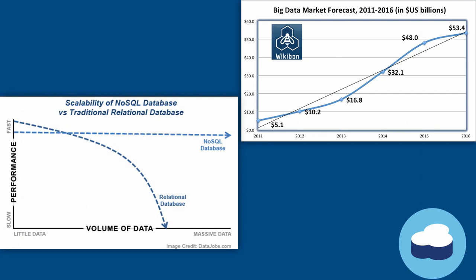When we have little data, the performance seems a little faster in relational databases as compared to NoSQL databases. But when the volume of data increases, the performance of relational databases drastically decreases, and after a certain extent, it won't work anymore.